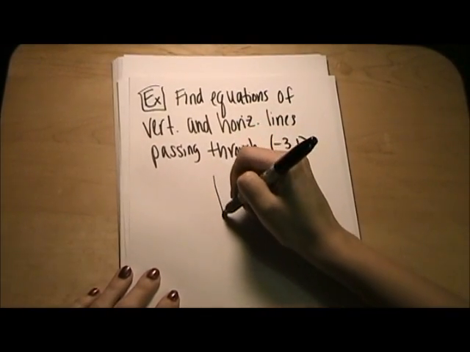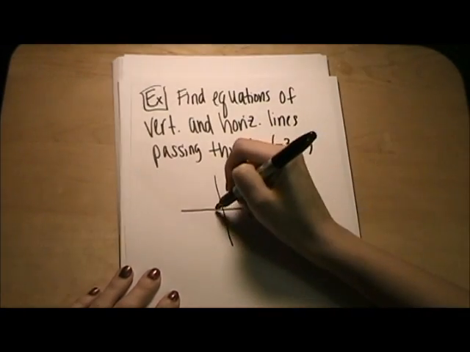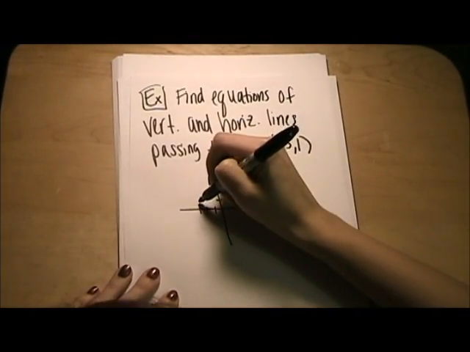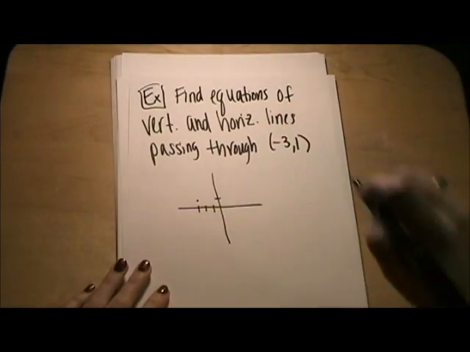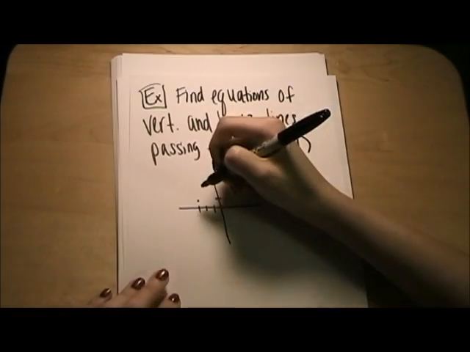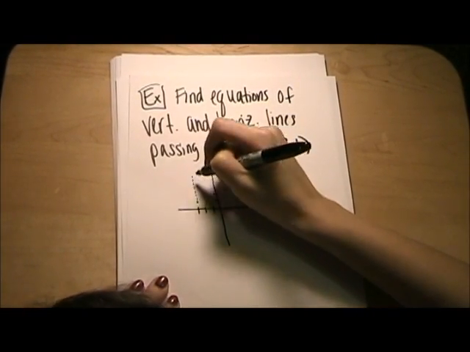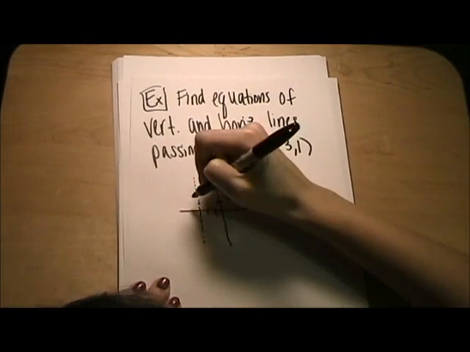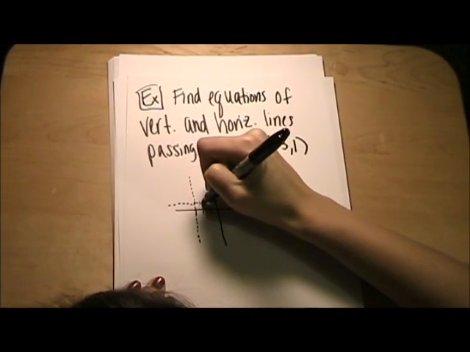If it helps you visually, you can plot the point. So -3, 1 is there. We want a vertical line, and we want a horizontal line.